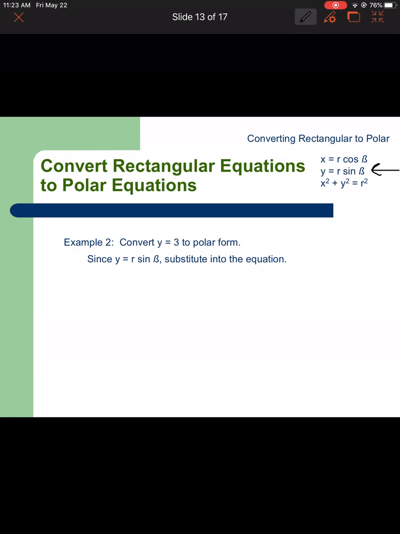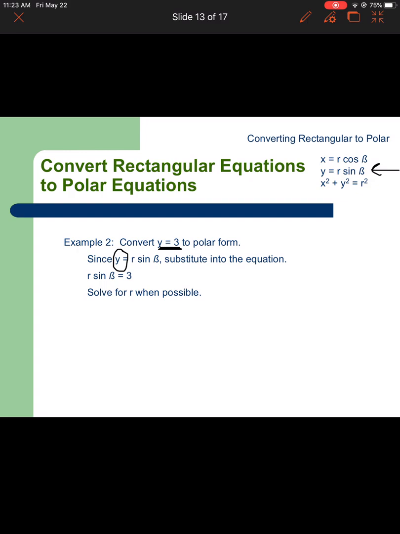We were given y equals 3, right? Like, that's what we started off with. We're using the conversion y equals r sine of beta. So I'm going to substitute what I was given, which is y equals 3. I'm going to substitute that in, so I will eventually get 3 equals r sine of beta. Okay? Or r sine of beta equals 3.